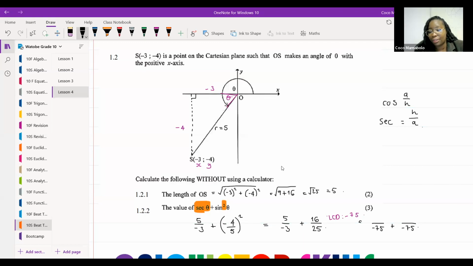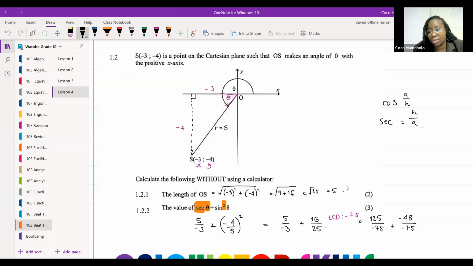I've already got -3. So I know I need to multiply the top by 25. Now, 25 times 5 is going to give me 125. Right? And then I need to take 16. Okay, the 25 is missing the negative, so I need to take 16 multiplied by -3 will give me -48.